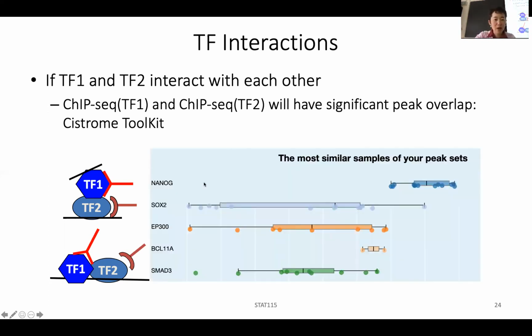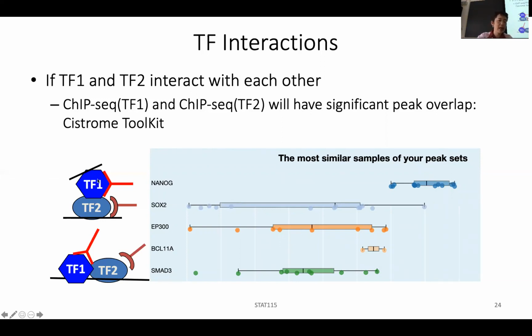Okay, so you can look at this from two ways. The one is on the system, there is something called toolkit. If you just enter the ChIP-seq data of one transcription factor, it will automatically tell you what other transcription factor ChIP-seq has a peak that overlaps.